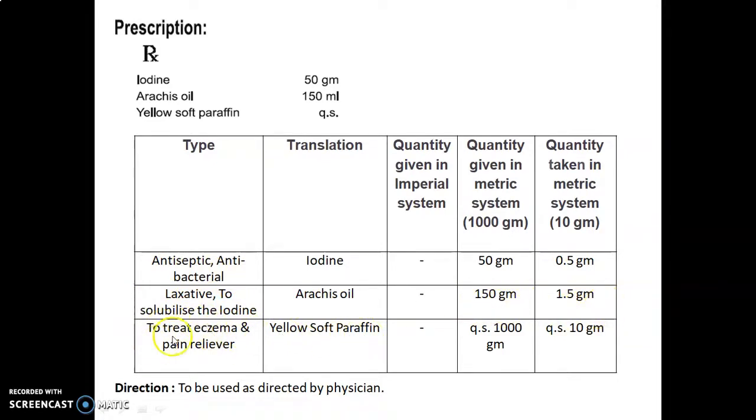Yellow soft paraffin is used to treat eczema, that is swelling or edema, inflammation, and as a pain reliever. Quantity given is quantity sufficient to prepare up to 1000 gram, so the taken quantity should be quantity sufficient to prepare 10 gram. Direction: to be used as directed by the physician.